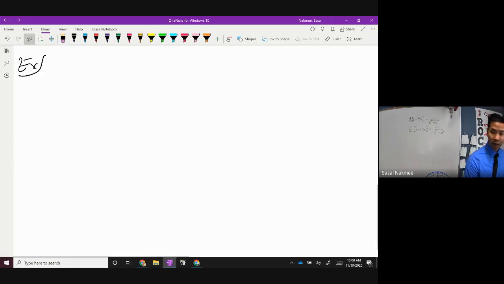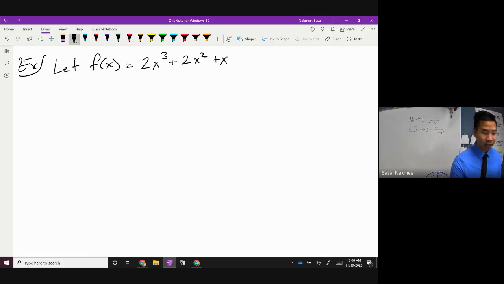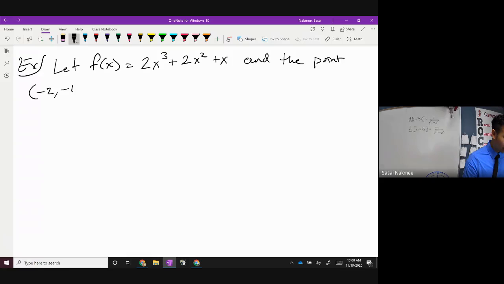Okay. So let's say, for example, let f of x be equal to 2x cubed plus 2x squared plus x, right? And the point -2 comma -10 is on the graph of f.